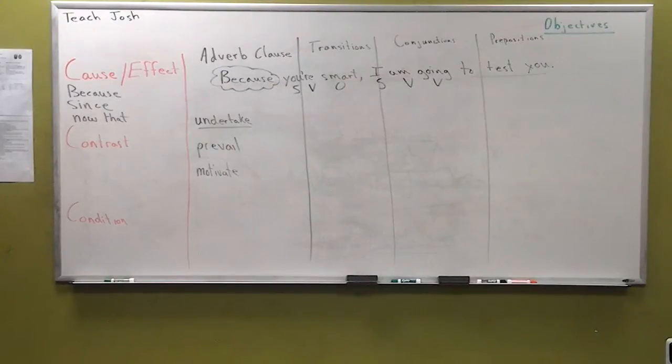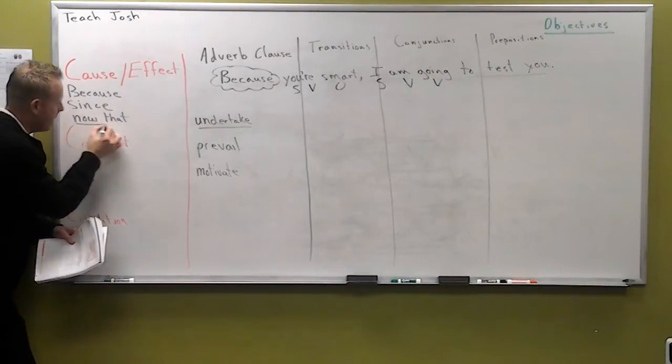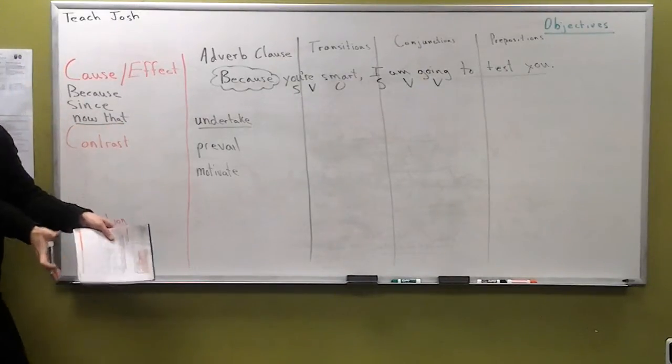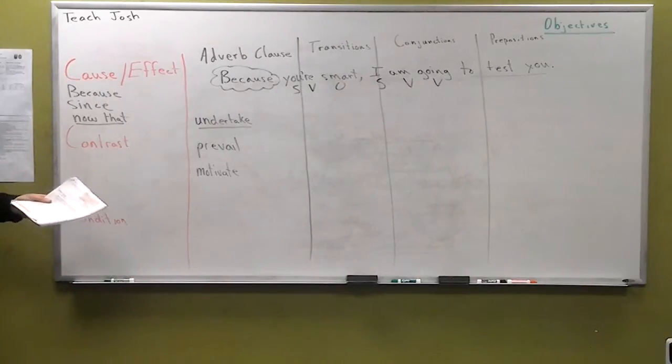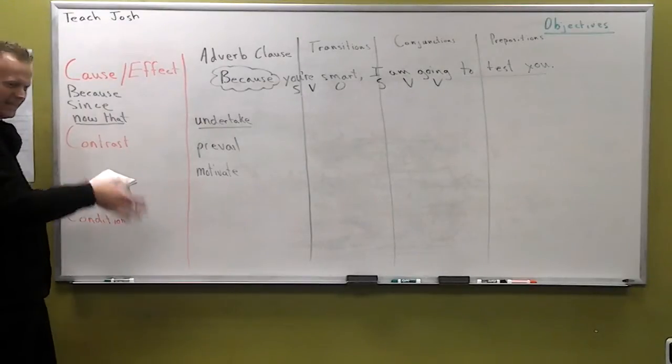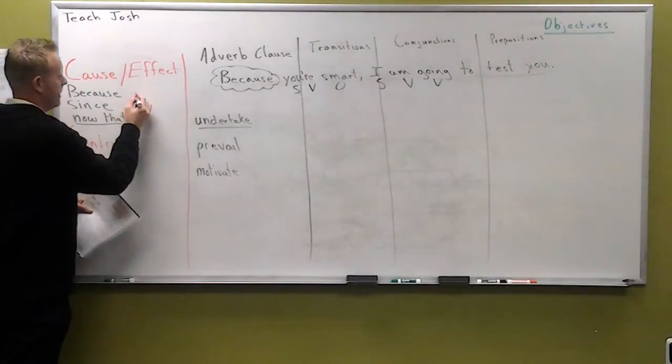So it must have been sometime before that you weren't so smart. Maybe you're at the end of the class, right? Hopefully you're smarter by the end of the class. So anyway, you guys, now that means now that this situation is true, here's the result. So it is a little bit different. You can use that in a different way to show immediacy.